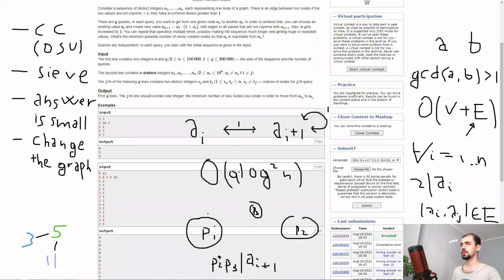So we want to connect P1 with P2, and the way to do it is we take a different vertex AI that is not here, and it turns out that P1, P2 divides AI plus 1. Plus 1 is again not in the index.